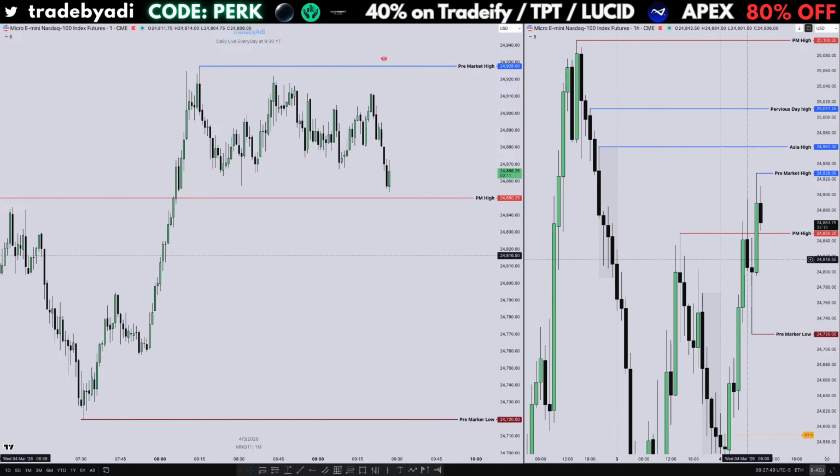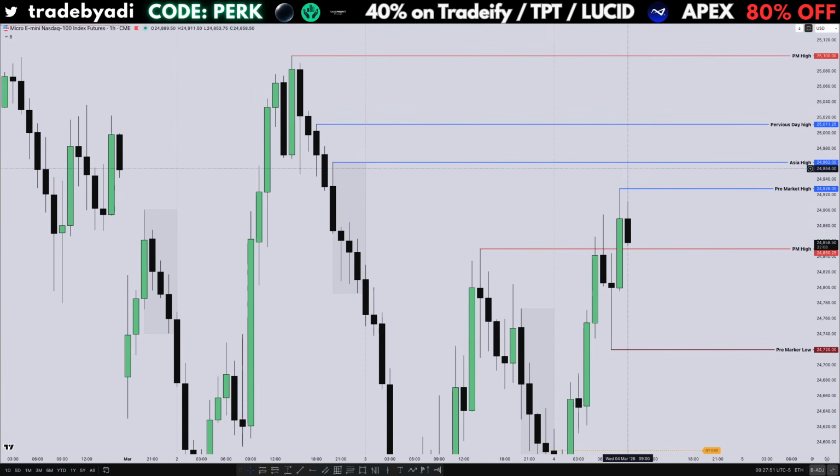So if we get some structure on a 5 minute or 15 minute, even the 1 hour, even a 1 minute or 2 minute inverse FVG, then we can target this high and Monday's high, the Asia session high.